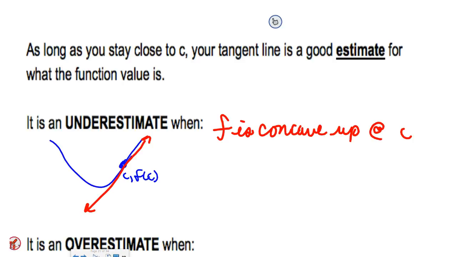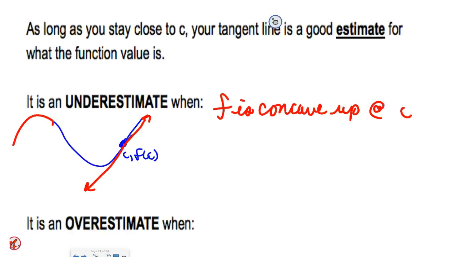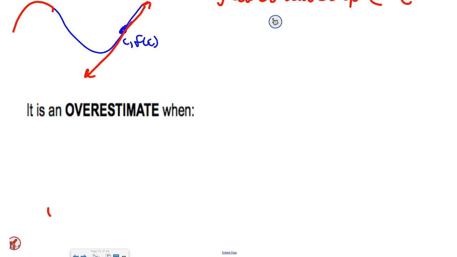So let's say at c. I mean, it can be concave down over here. My linear approximation near this point, though, will be an underestimate. Likewise, let's go scroll down here. If you're concave down and you're doing a tangent line approximation right here, you can see that your line's approximation is going to be a little above what's actually happening on the curve.